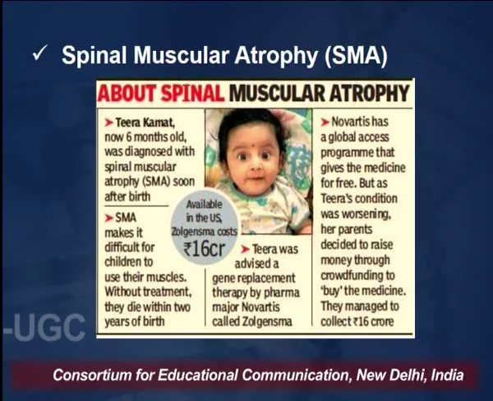Then the spinal muscular atrophy. This was a child who was given gene therapy for spinal muscular atrophy. Again, lentiviral vectors were introduced, but you can see the cost of this particular technology. It cost around 16 crore rupees for one child, for gene therapy to revert the spinal muscular atrophy.